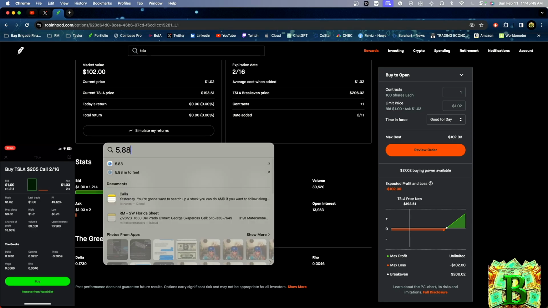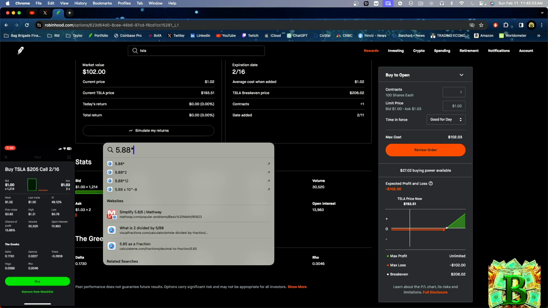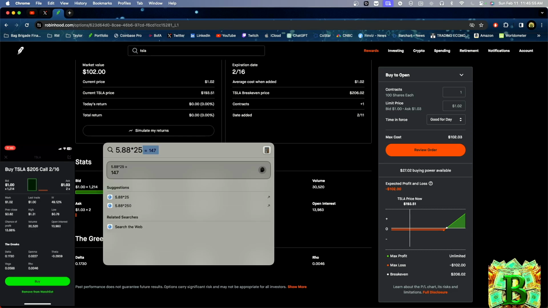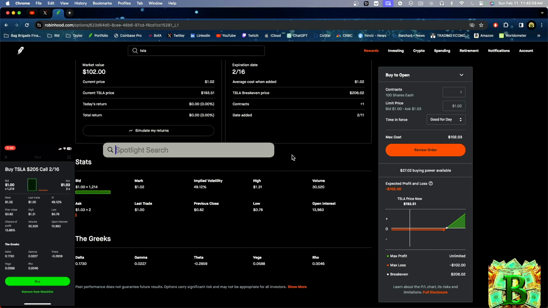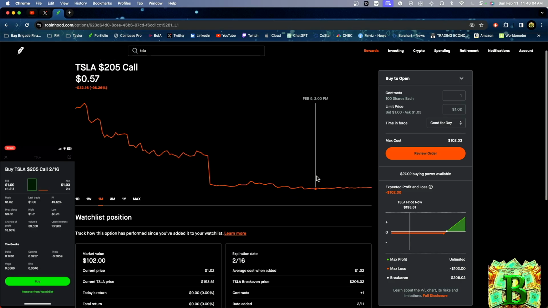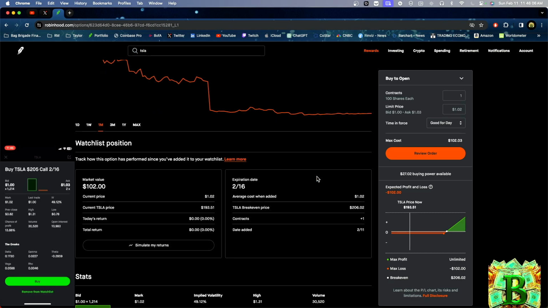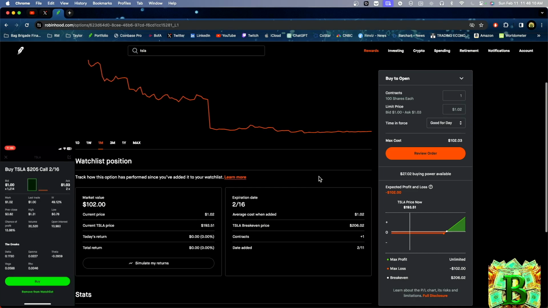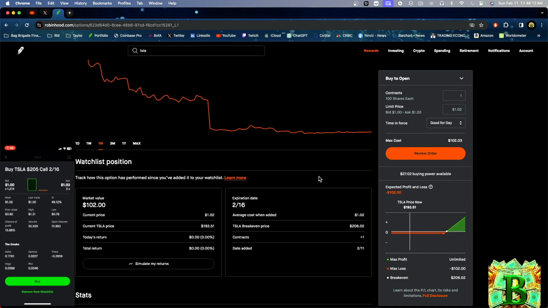Okay, so times 25. Yeah, we're going down 25%. You just lost $147 worth of value. But how's that possible? That doesn't make sense because the contract was only worth 102. It's not going to. Basically, that means your contract went to zero because you got IV crushed and you're out of the money. That's what that means.